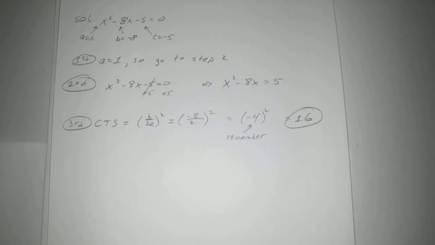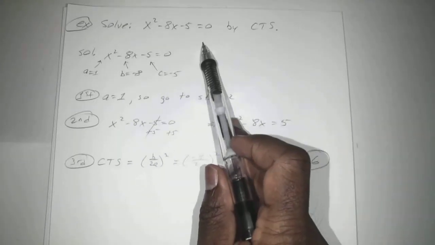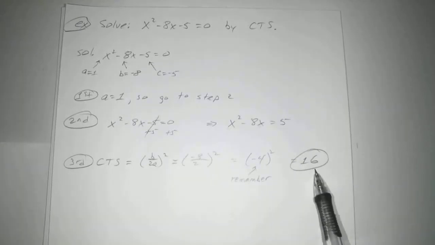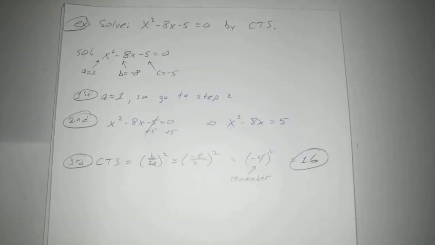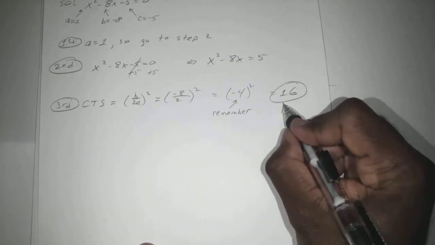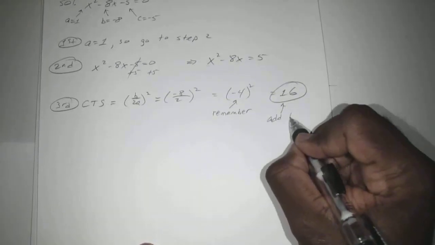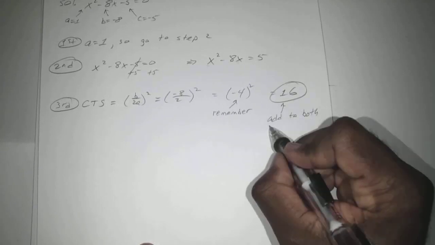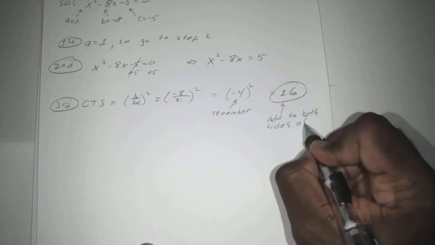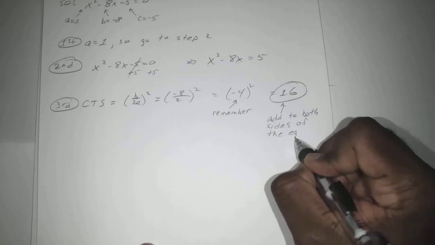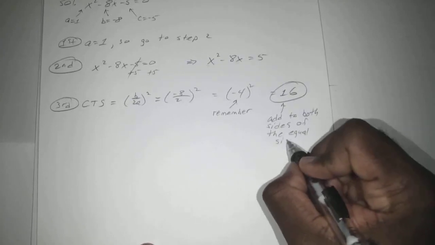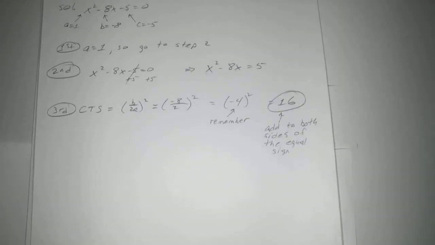Okay. Now, if you remember before, when we were just finding how to complete the square, we just added and subtracted. But whenever you're solving an equation and it's equal to 0, you want to add this to both sides of the equal sign. Because remember, whatever you do to one side, you have to do to the other. And really, if you wanted to, you could still add and subtract it.